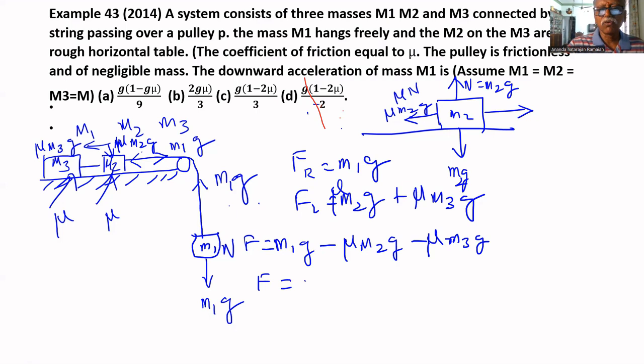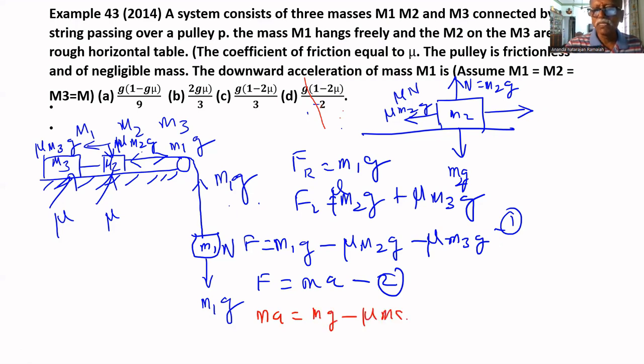Net force equal to this. We know that force equal to mass into acceleration. Therefore, Ma, let it be first equation. And another relation is given. M1, M2, M3 equal to M. Therefore, Ma equal to, instead of M1, we can put M: Mg minus mu Mg minus mu Mg.